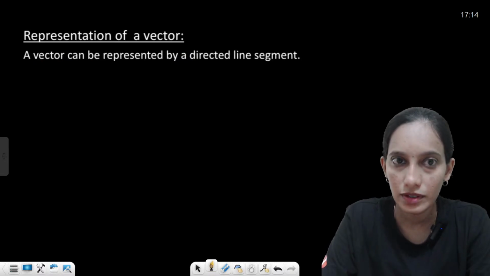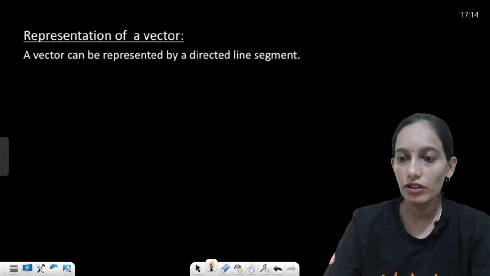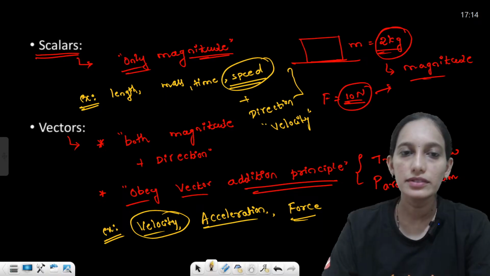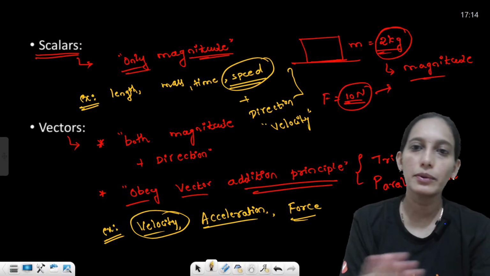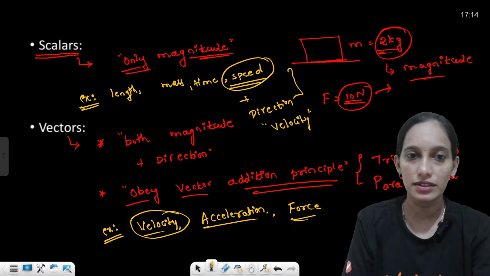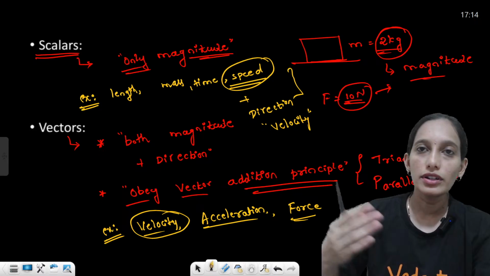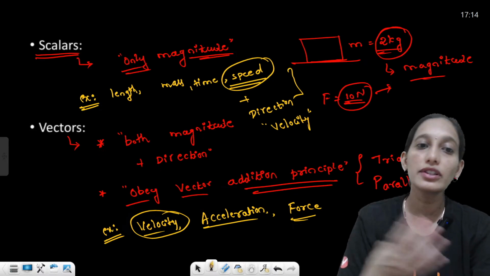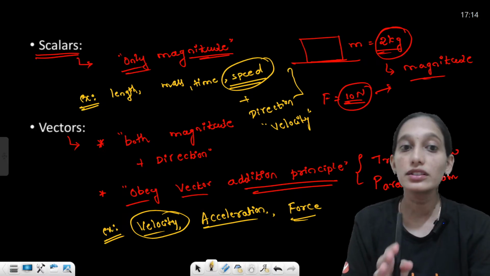Next is how to represent a vector, because we already understood that there are two different types of physical quantities, scalars and vectors. I may specify some vectors, but if someone else is reading or referring to that, they should understand that I am talking about vectors and not scalars.